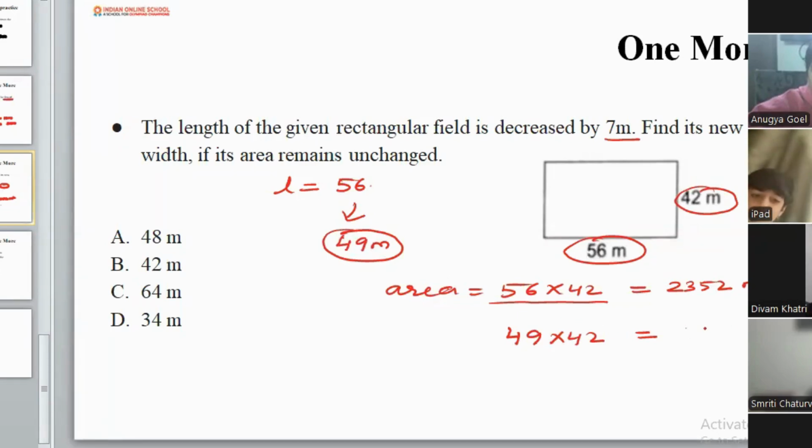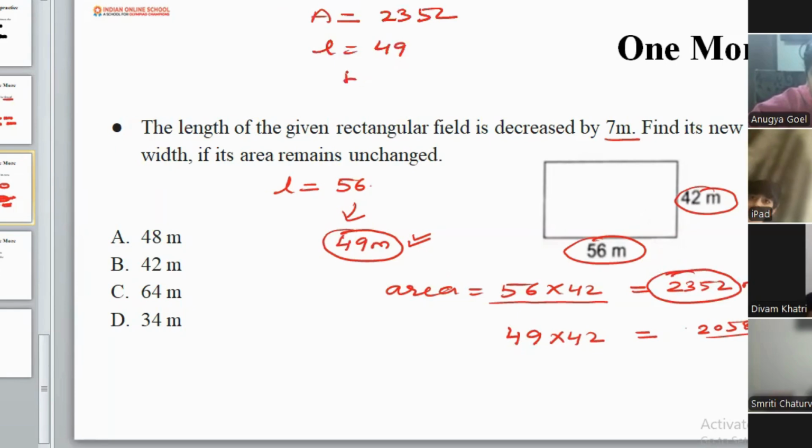Okay, that is one thing. Now, if the question is the same, and the length is reduced by 7 meters so the length becomes 49 meters, and the area remains the same, which is 2352, what would be the new breadth?